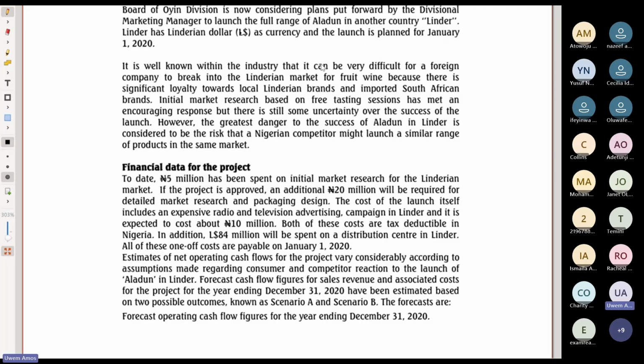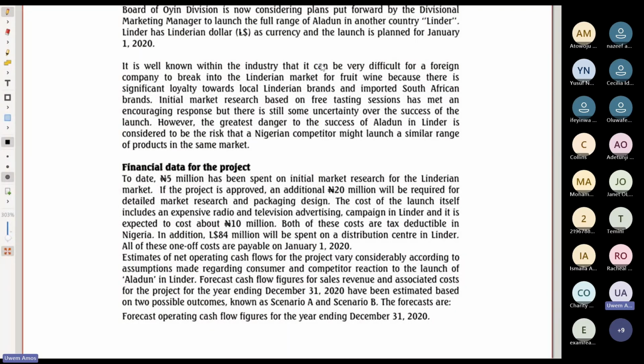If the project is approved, an additional 20 million will be required for detailed market research and packaging design. The cost of the launch itself includes an expensive radio and television advertising campaign in Linda, and it is expected to cost about 10 million.